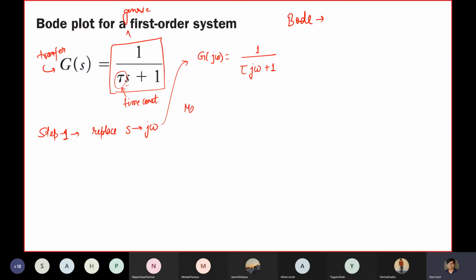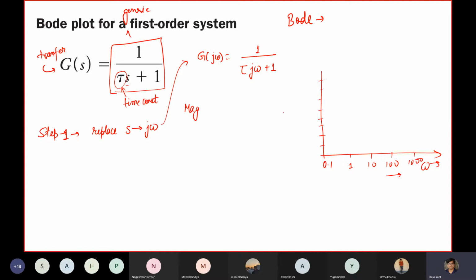Now the actual magnitude on the Bode plot. This is my omega in radians per second: 0.1, 1, 10, 100, 1000. This axis is log and this is linear.